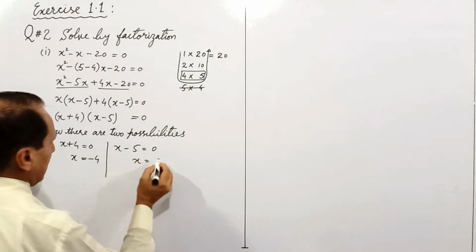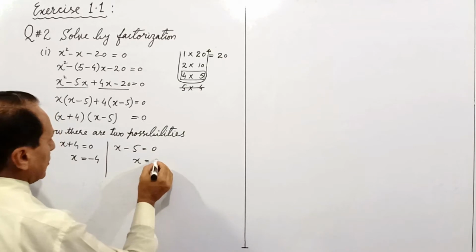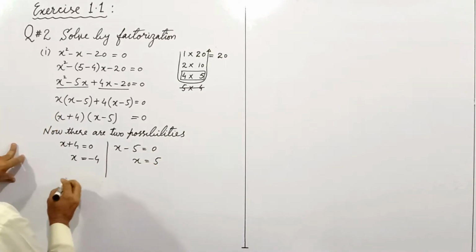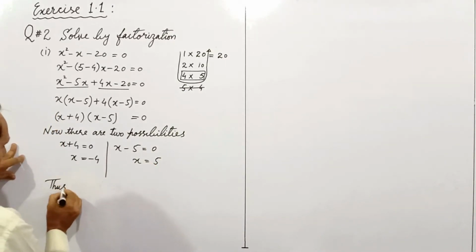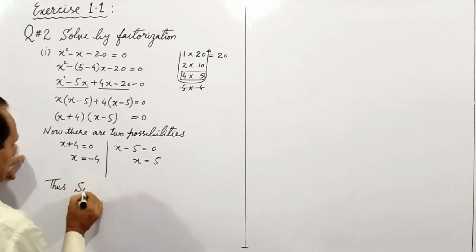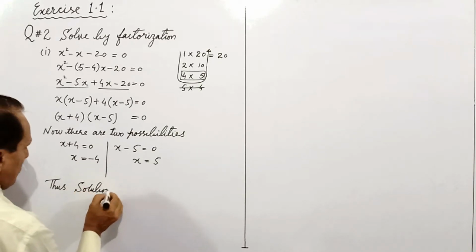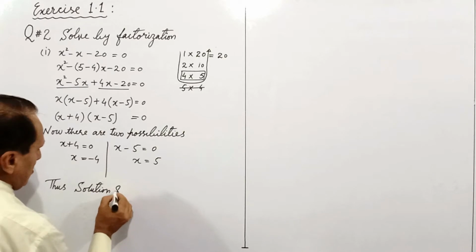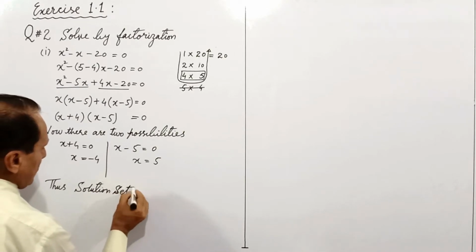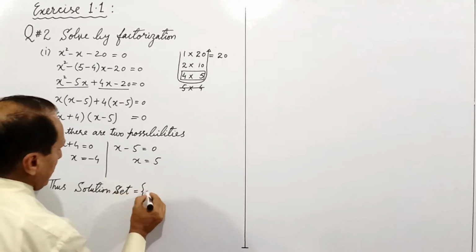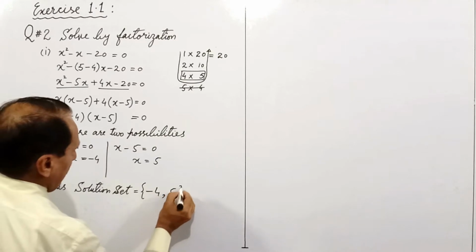Similarly, in that case, minus 5 when taken to the right hand side will become plus 5. Thus, the solution set will be minus 4 and 5.